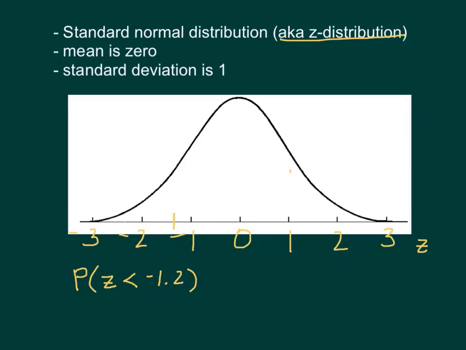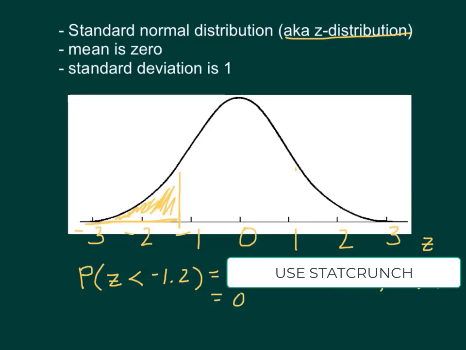So if we throw it there, negative 1.2, all the values smaller than that will be to the left, and the probability is going to be the area associated with that range of values. And that is a 11.5% chance of happening.